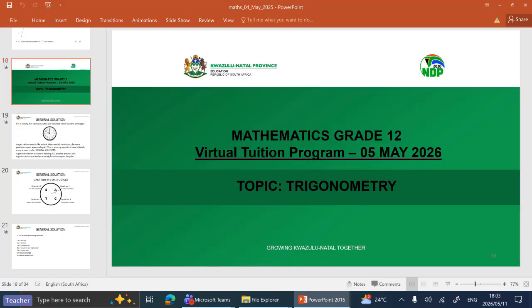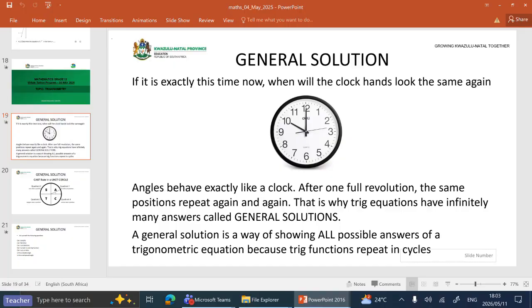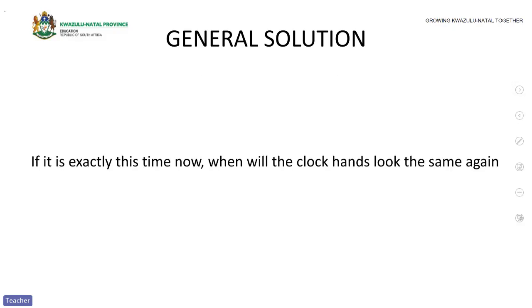I hope you were paying attention to what Mr. Ntuli was doing, because most of the things are going to be required here as we are doing the general solutions together. So allow me to start, as I've managed to connect my PowerPoint presentation. We are going to be doing the equations together.